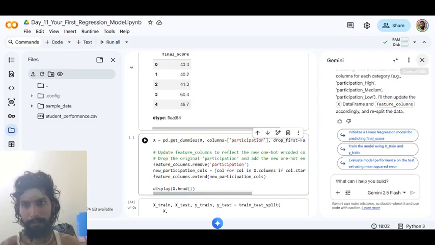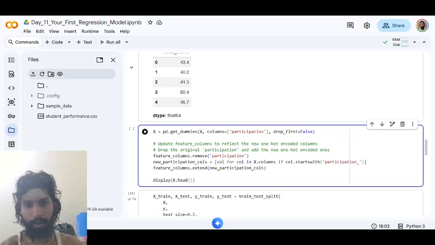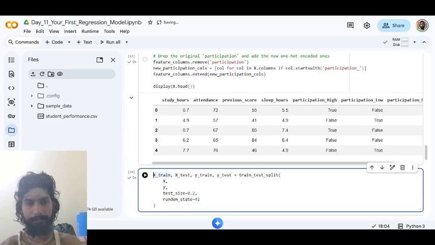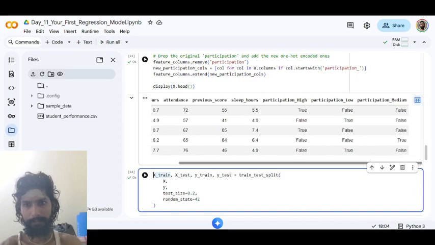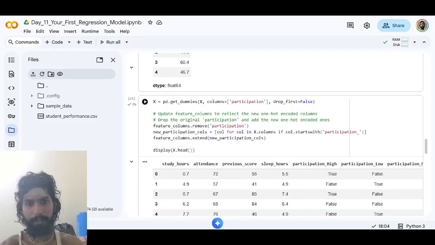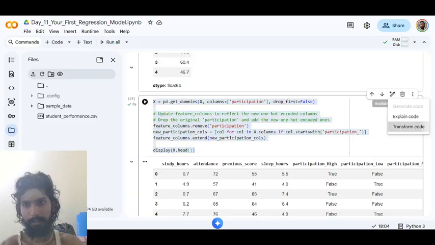So what it does is it updates the feature columns to reflect the new one-hot encoded columns, and then drops the previous one and inserts the new one. So let us run this. Actually, we don't want this. We want this to change. So I will select this and click on this button and run some code.